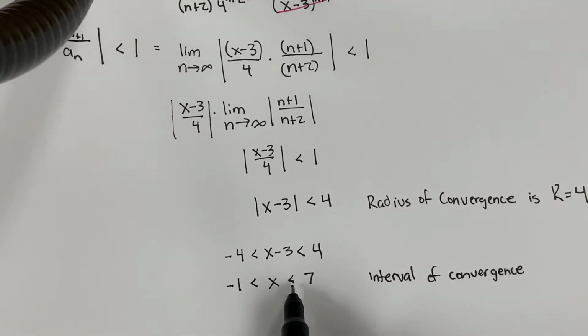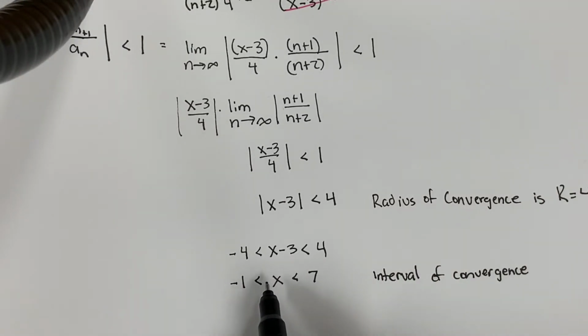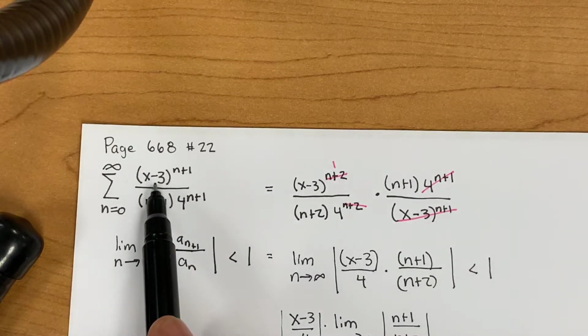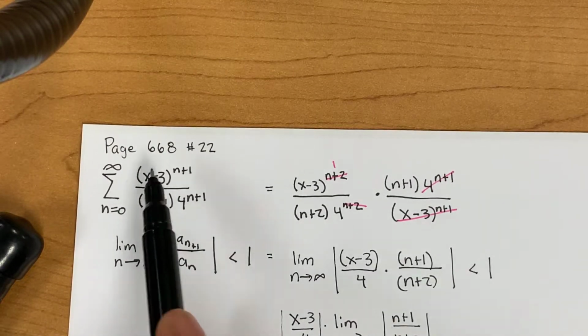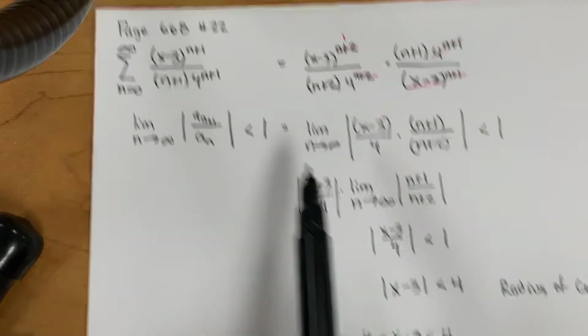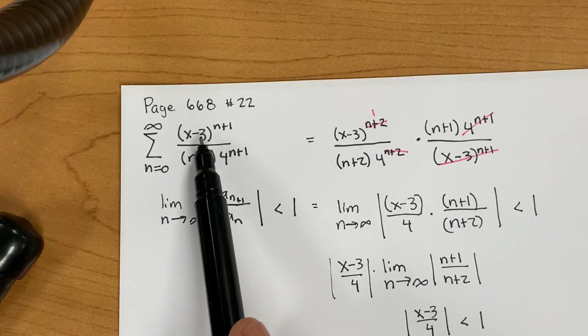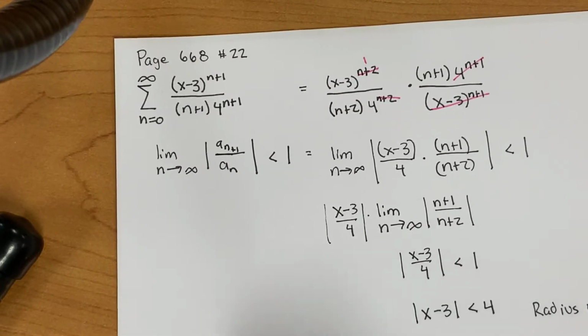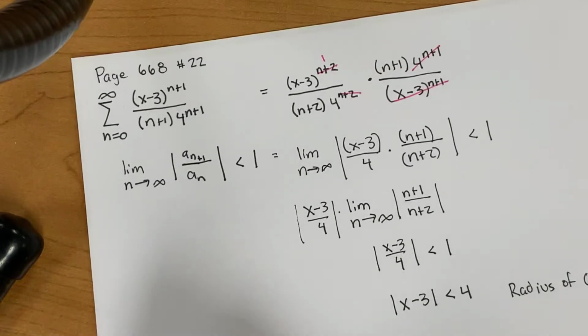To determine if either one of these is less than or equal to, we go back to our original series and substitute in -1 and 7. Whatever we get when we substitute into the series will tell us if the series actually converges. So we're first going to try x equals -1.